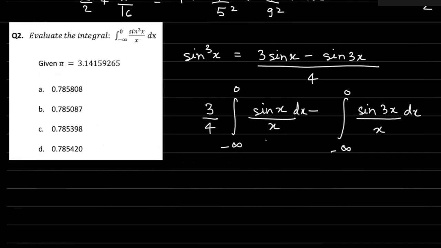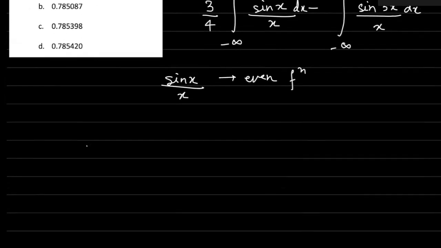Now, we know that sin x by x is an even function. So therefore, we can extend the integral and reduce it by half on both the sides. Sin x, and this is also an even function, sin of 3x by x.